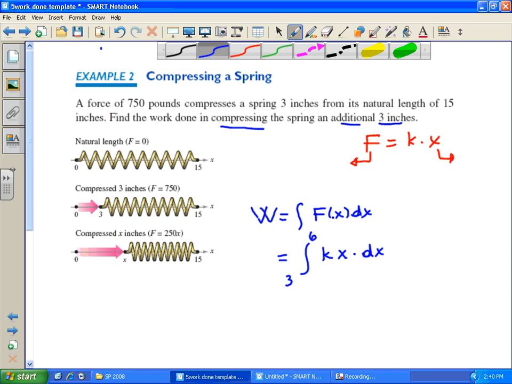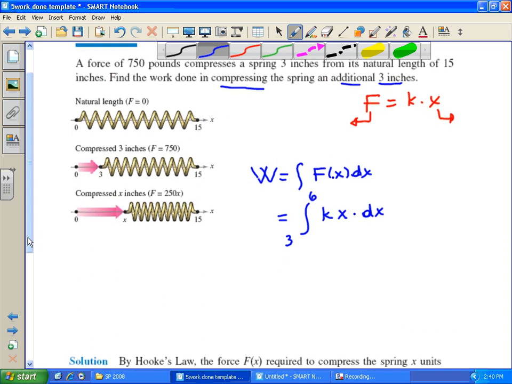The main thing that we care about is how much that spring was compressed when that force was applied. So in this case, 750, the force equals K times X, and 750 pounds provided a compression of 3 inches. So K equals 750 over 3, or 250.